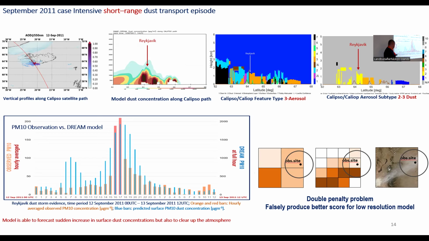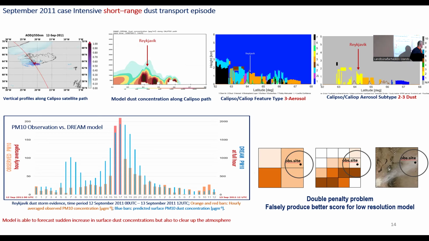The model is able to forecast a sudden increase in concentrations up to 200 micrograms, and also a sudden decrease. It's good when your model is able to settle down all these particles.